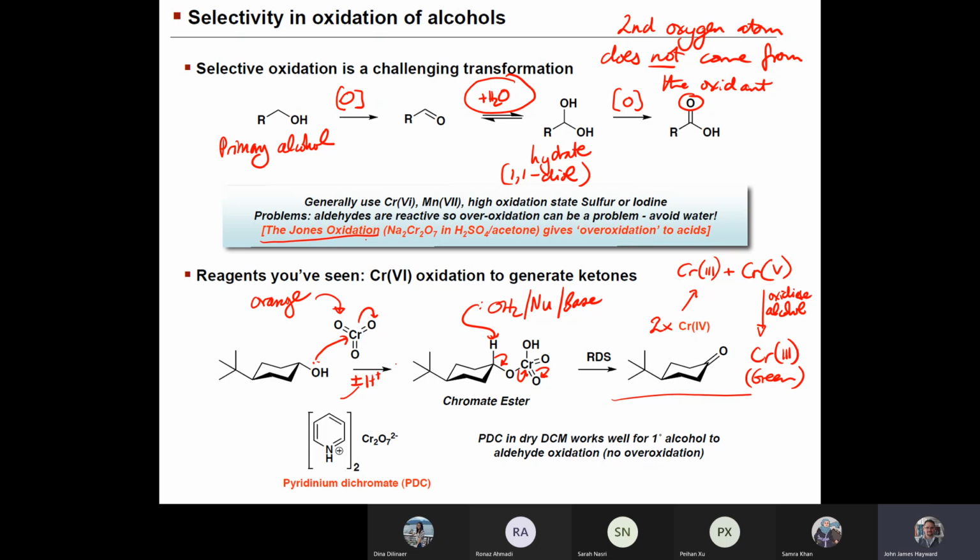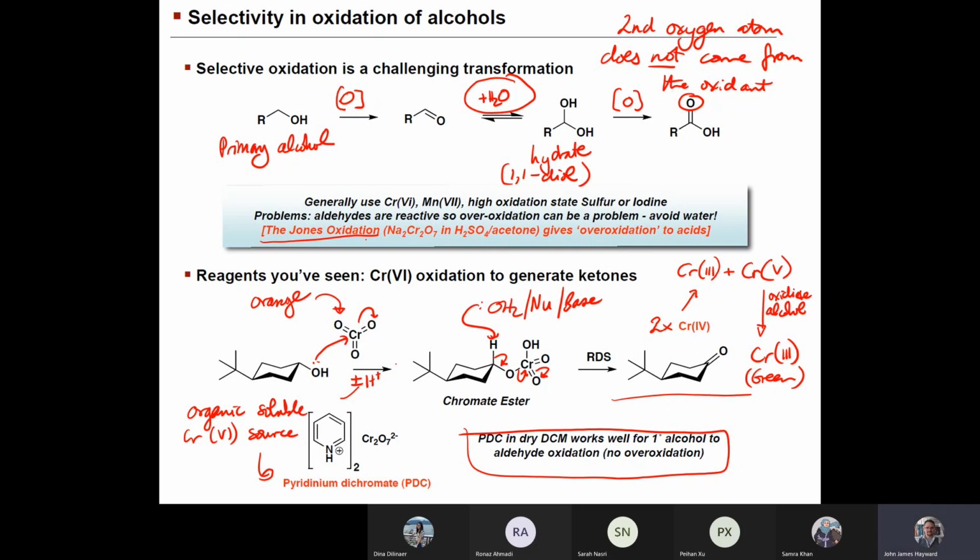Okay, so like we said, that's a ketone. Obviously, you can't really over-oxidize that. But based on the mechanism that we had at the start, well, if we have an organic soluble chromium 6 source, which a classic example is pyridinium dichromate, then that will work in dry DCM to oxidize an alcohol to an aldehyde.